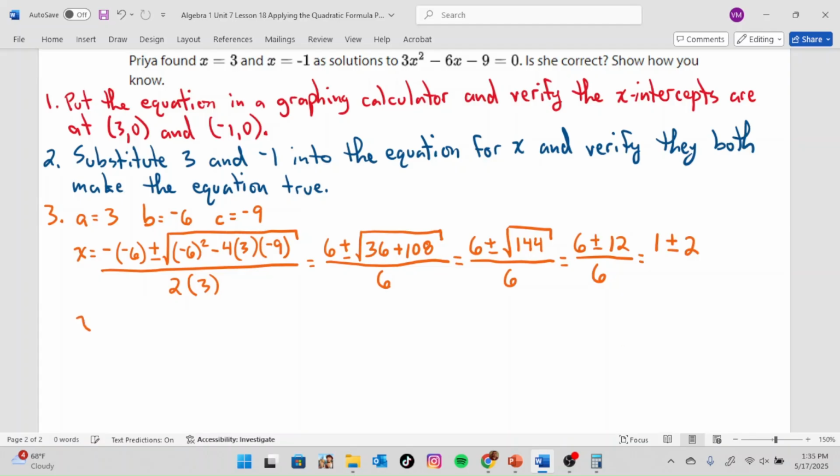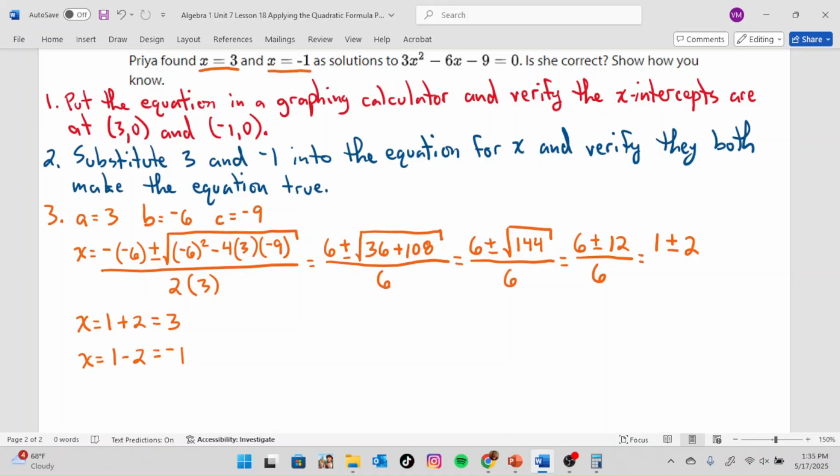So the first answer is that 1 plus 2 equals 3. And that matches the first answer at the top. The second answer is x equals 1 minus 2, which equals negative 1, and that matches the second answer that Priya found at the top.